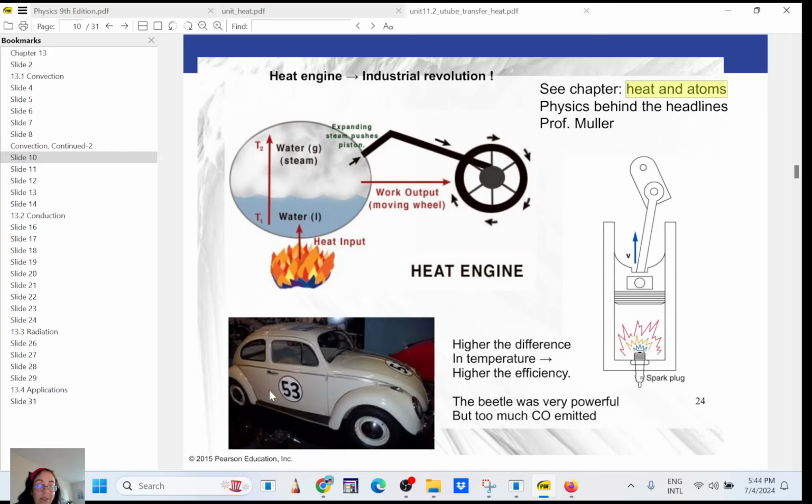So it was very hot relative to the outside, which is the cool reservoir. So they were able to have a lot of power. Unfortunately, they also produced a lot of carbon monoxide because the combustion was never complete, right? You have more carbon monoxide than carbon dioxide, so then they stopped producing it.